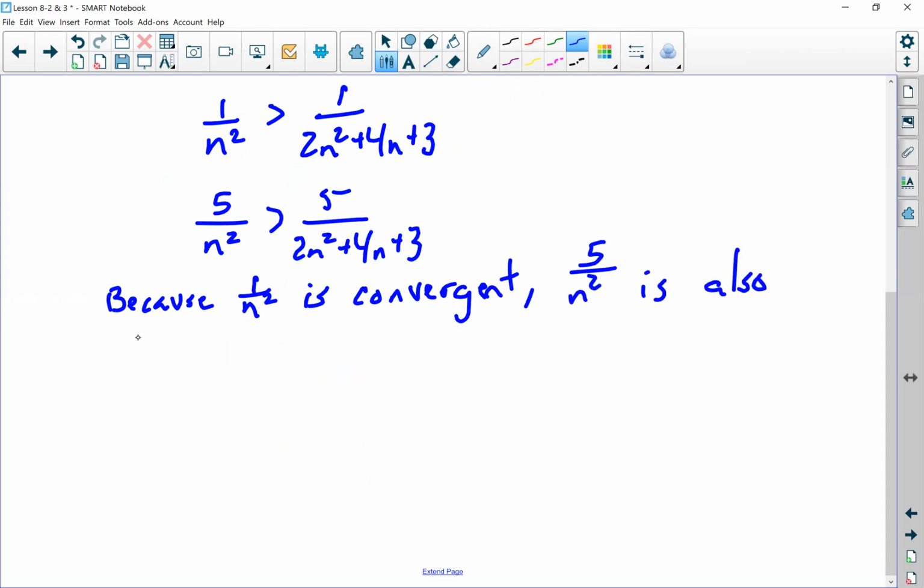So if we have a convergent series and we just multiply by a constant, that resulting series is also convergent.